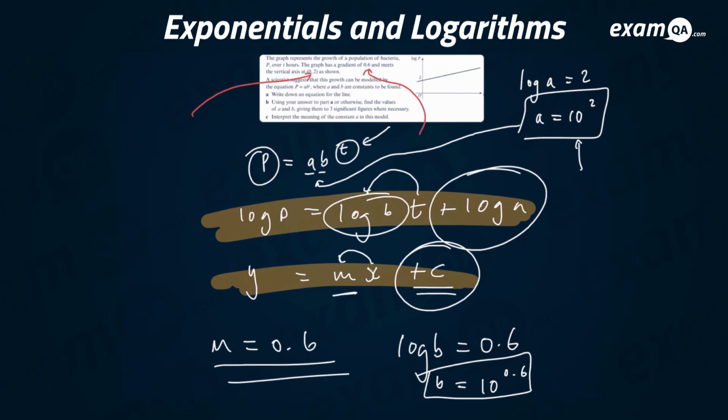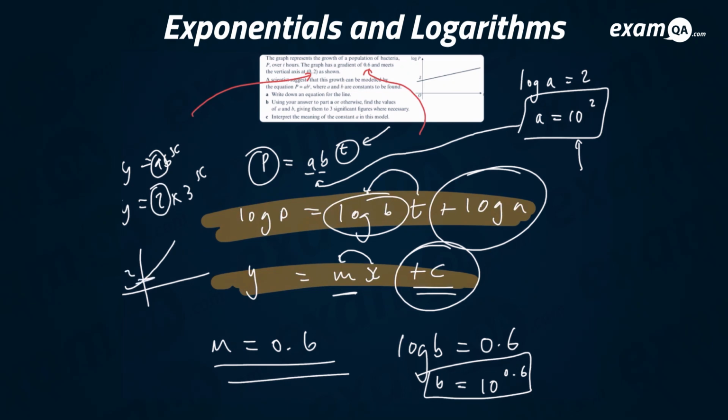What would y equals ab to the power of x look like? Remember, a and b are just constants, so pretend they were some random numbers, like 2 times 3 to the power of x. What would that look like on a graph? It'll look like this. So what would a represent? That would represent the y-intercept.